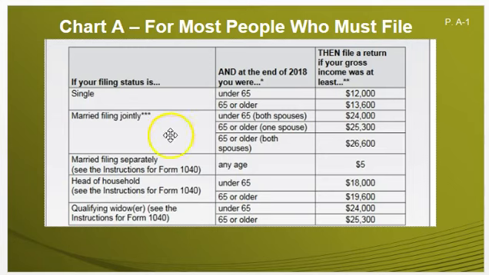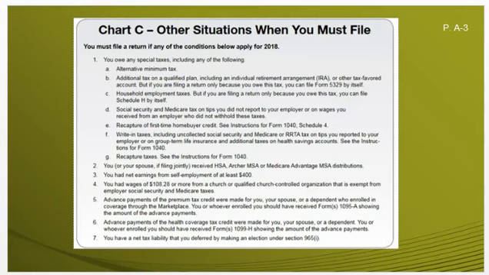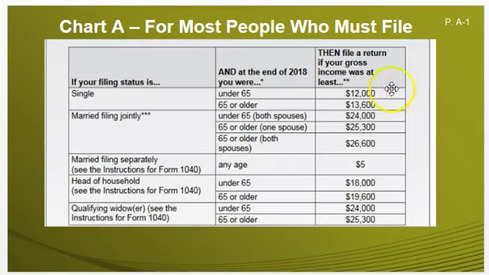And so let's say I have a taxpayer who falls into the category of filing single. And let's say that taxpayer is under 65 years old and their gross income is less than $12,000.